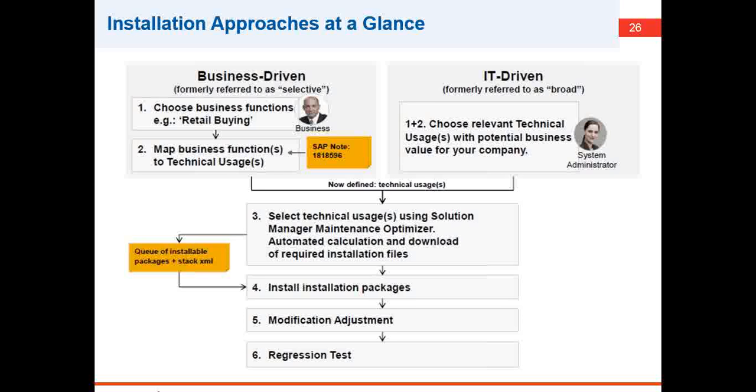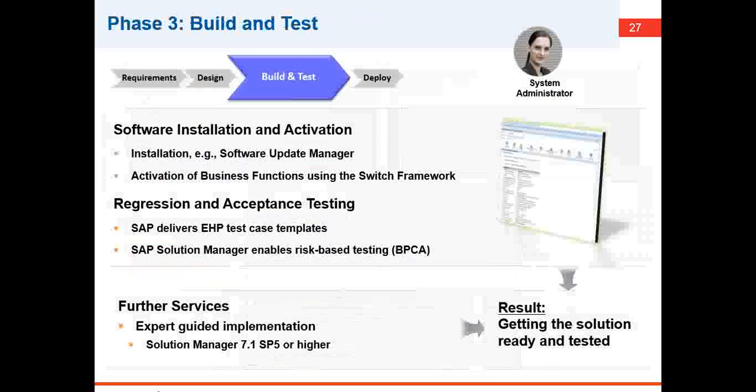Okay, phase 3, build and test. Software installation and activation. The system administrator or your basis administrator will install the enhancement package, and Maintenance Optimizer is going to point out support packages that are required for that as well. My recommendation is always go with the latest, so that in 3 weeks when SAP releases another support pack stack, you're not behind the 8 ball.